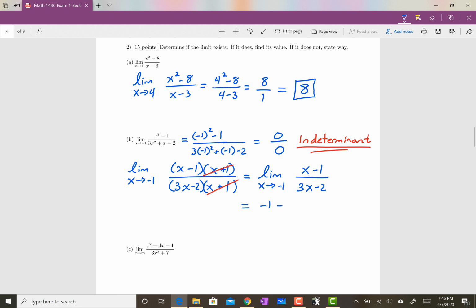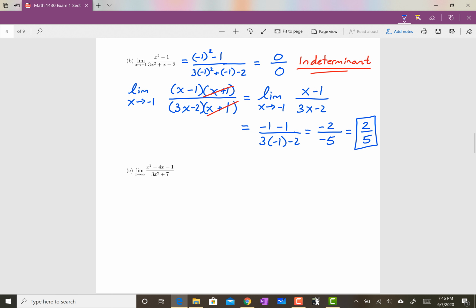We'll get -1 minus 1 over 3 times -1 minus 2. In the numerator, sorry, -1 minus 1 is -2. And 3 times -1 minus 2 is -5. If we simplify, we will end up with positive 2/5 for our final limit.